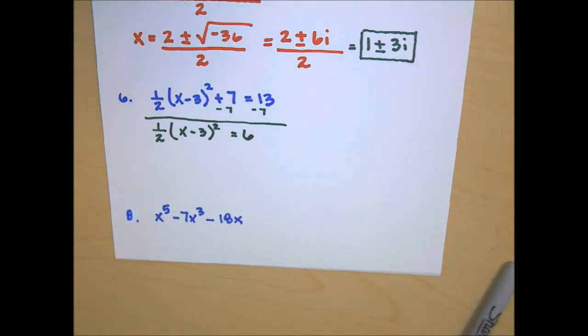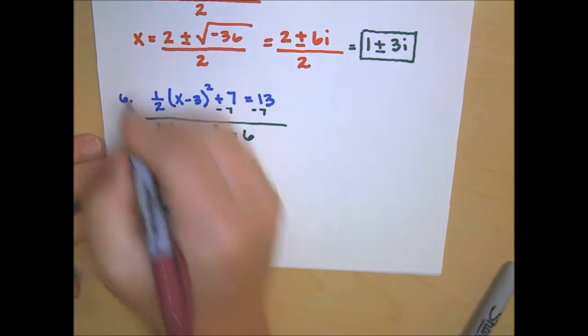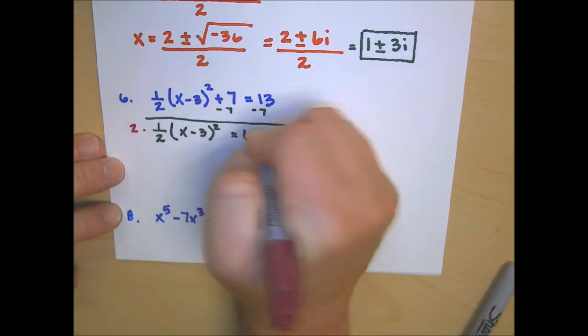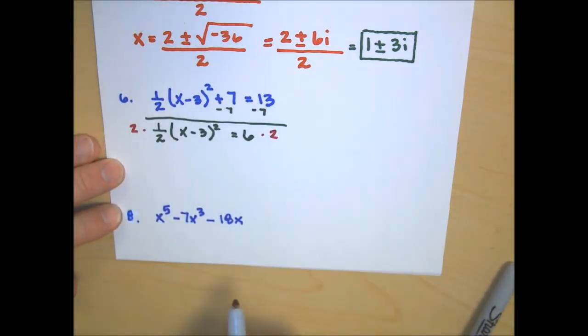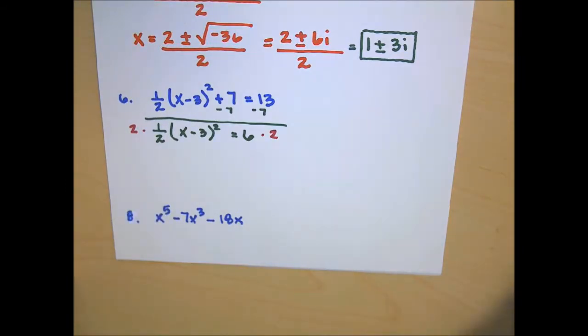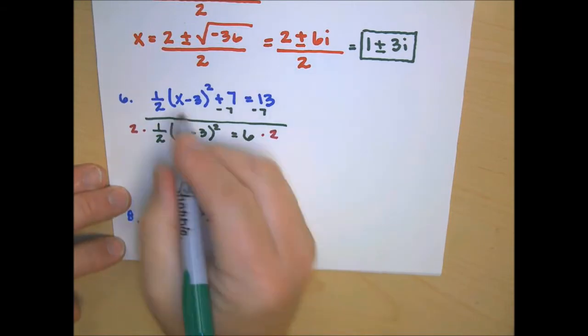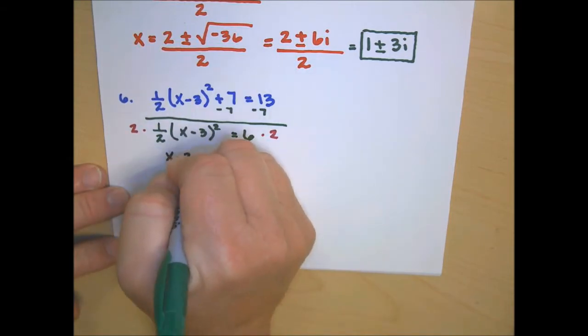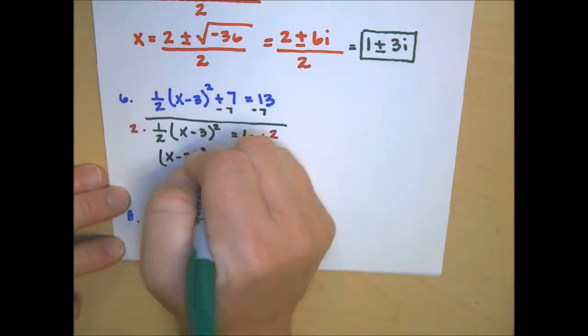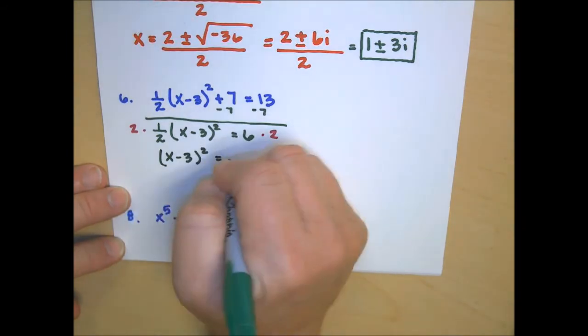Now my next step after that is going to be get rid of that 1/2 by multiplying both sides by 2. Easy enough, because 2 times 1/2 is 1, and so now at this point what I've got is x minus 3 squared equals 12.